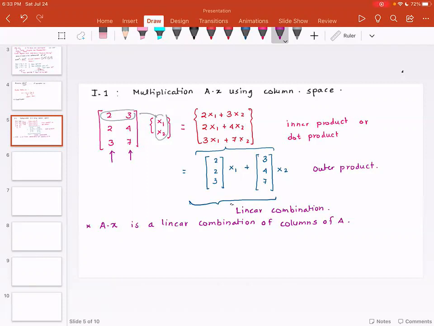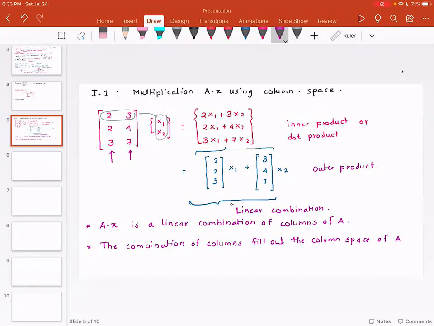So let me write this down. The combinations of columns fill out the column space of A.